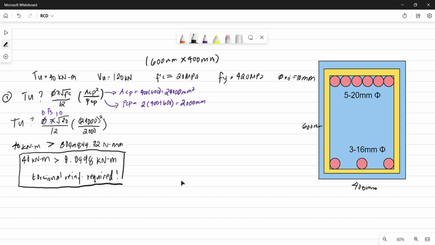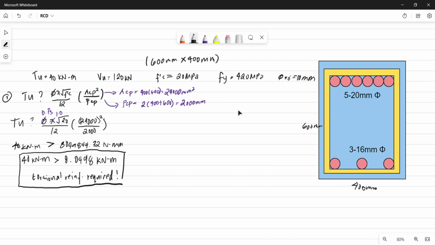After getting your torsional reinforcement, we will compare your shear naman. So how do we compare your ultimate shear to your capacity?